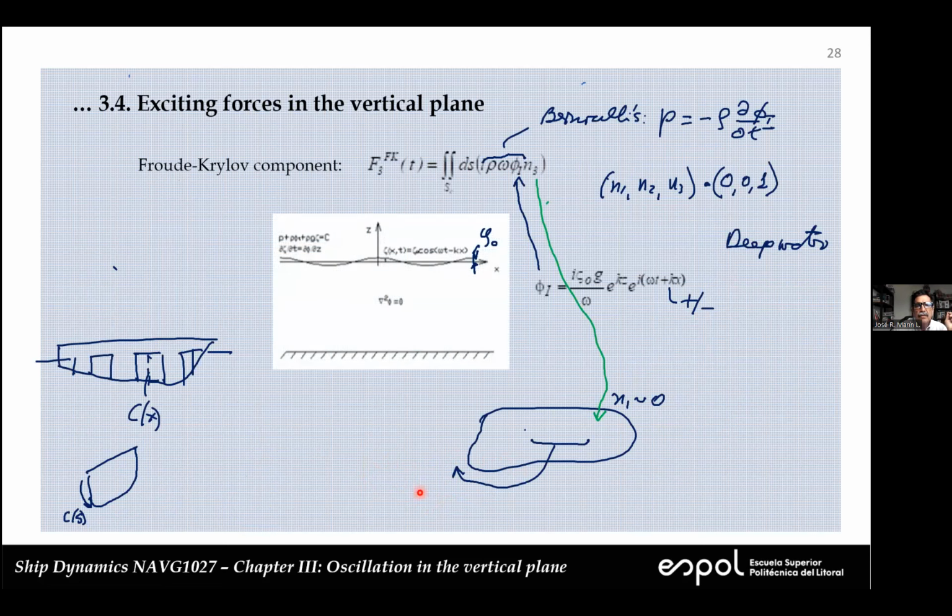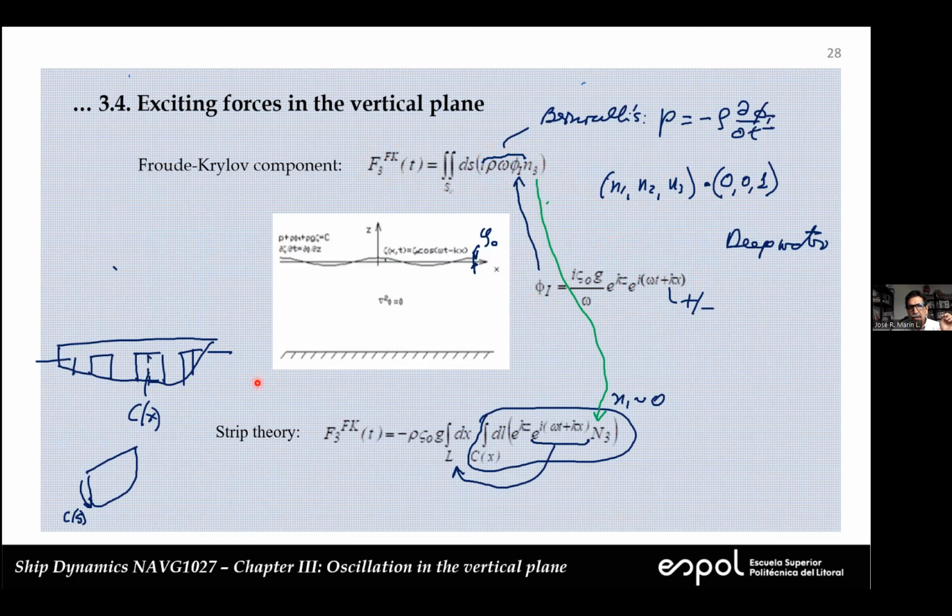So for the Froude-Krylov law, what we need to remember is the velocity potential from the wave surface. We differentiate with respect to time, multiply by rho, and replace it into here, and that's the Froude-Krylov law, right? In this case, we're taking the dot product, okay? And that's why we get little n3 here.